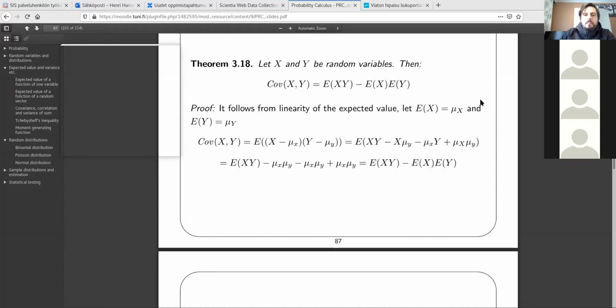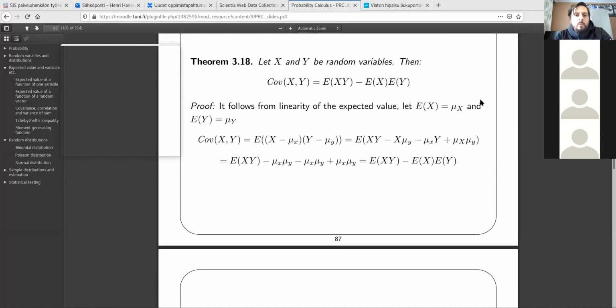So we can define the covariance of x and y simply by taking the expected value of x times y minus the expected value of x times the expected value of y. Now, this theorem may or may not be helpful intuitively, in the sense that if we take x and y, we take their product, and the expected value of their product is bigger than the product of their expected values, then the covariance is positive.